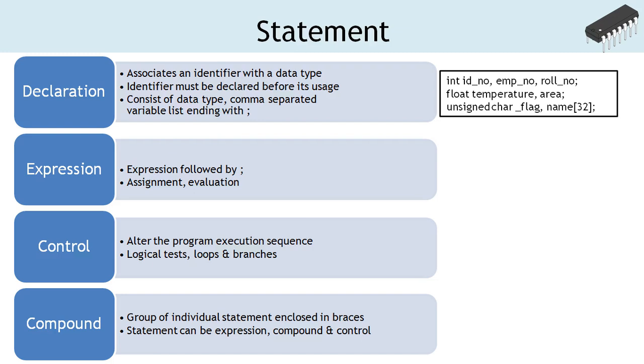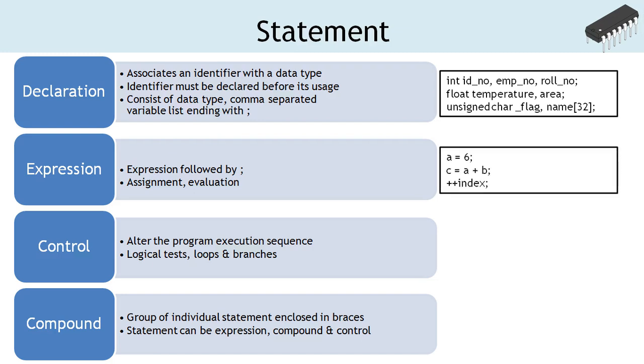Temperature and area are defined as floating point variables. Flag is defined as a character variable. However, the character variable name is an array of characters, often known as a string. The numeric value in square brackets defines the number of characters in the variable.